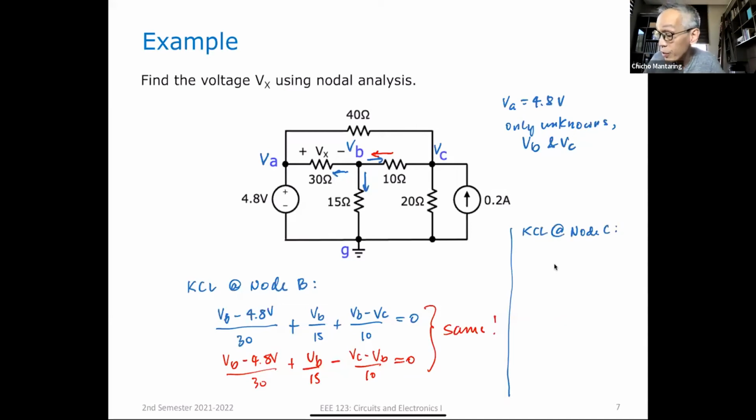Again, I can now change my assumed directions of current. For this current we have no choice; it is this way. And then I have also this current up here. What is this current flowing out of the node at the top? Can I hear someone else? Can I hear Mr. Norio? What is this current?